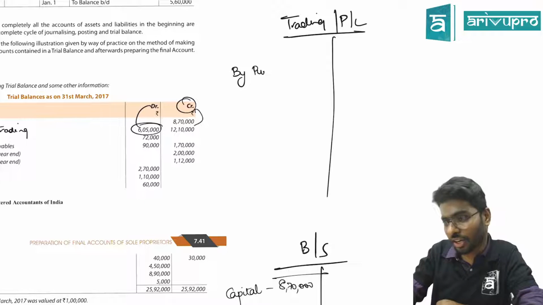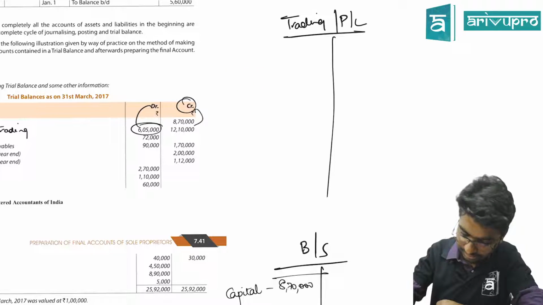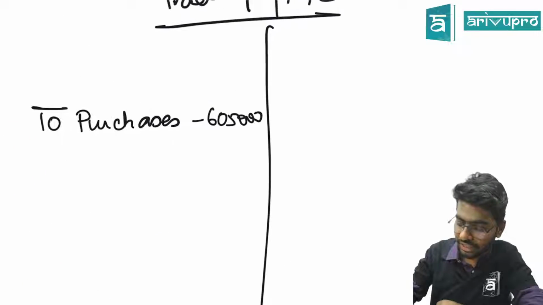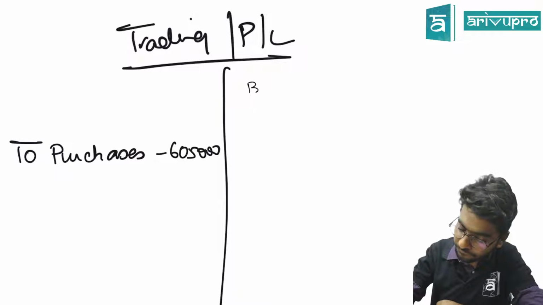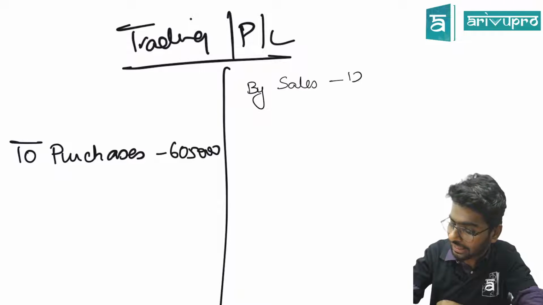To purchases, how much? 6,05,000. And here you will write by sales, how much? 12 lakh.